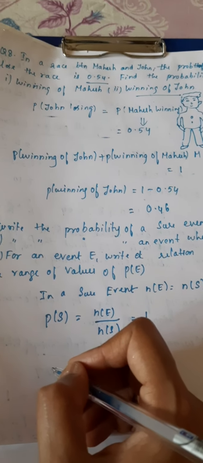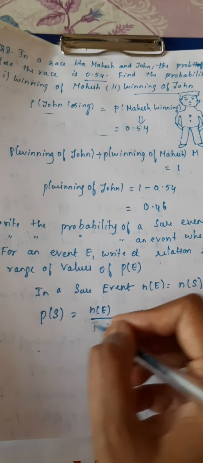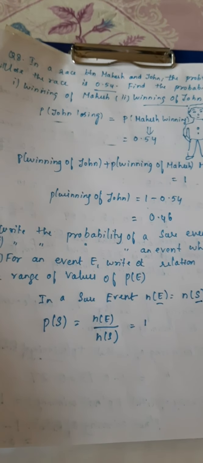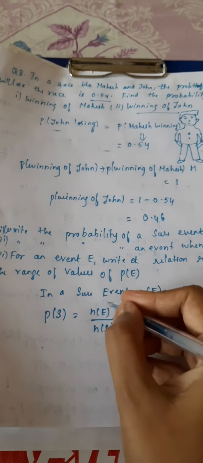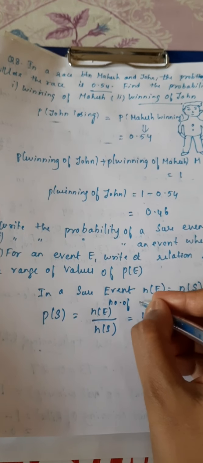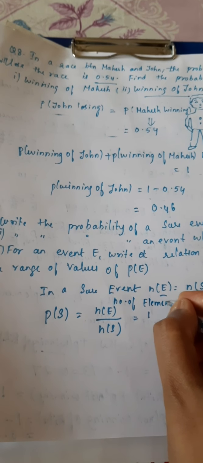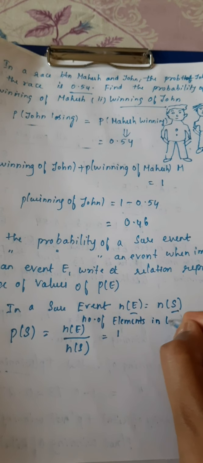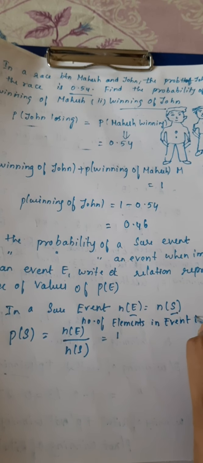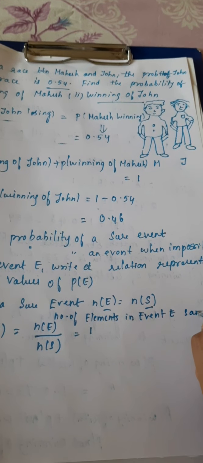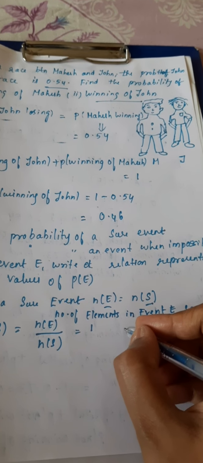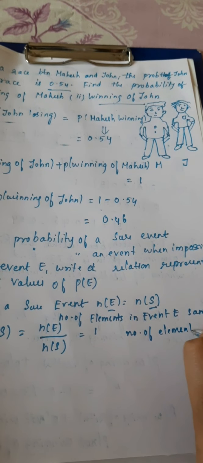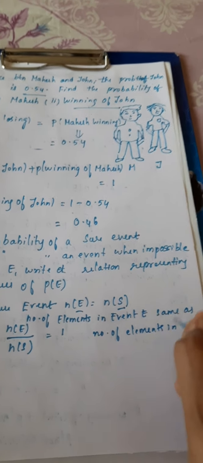Both are same for the sure event. N of E here is number of elements in an event E, which is same as number of elements in sample space. I'm just expanding the abbreviations here.